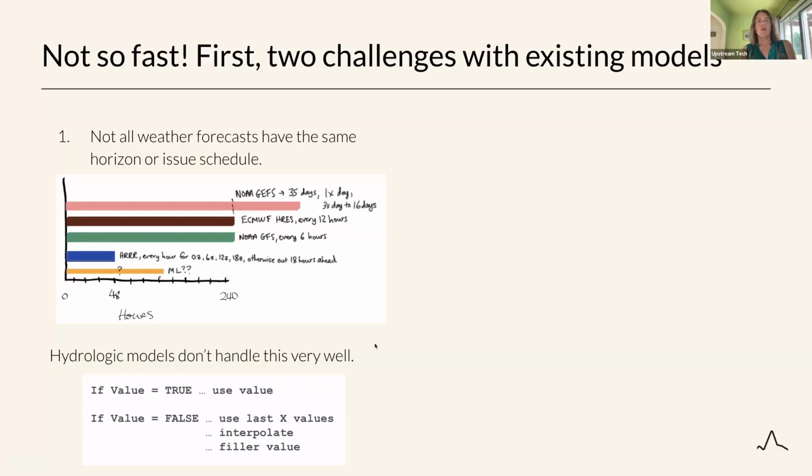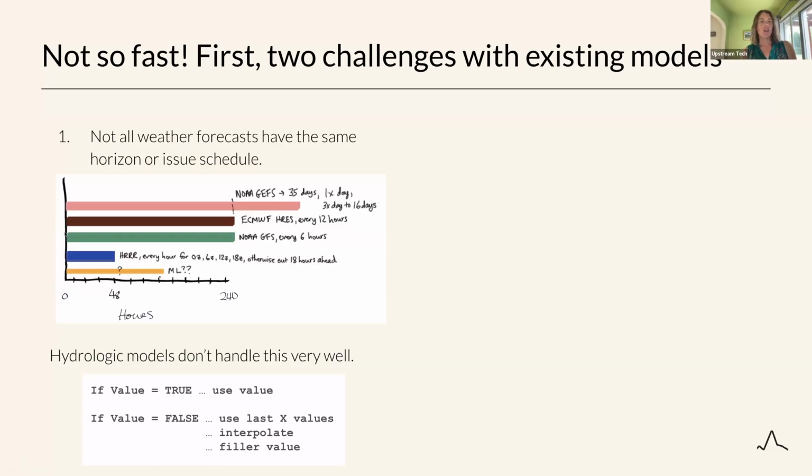But we know we need to fix this because what we do right now, and it works pretty well because we have values for every time step, is we and others in operational hydrology will interpolate, and use a filler value. We'll say, okay, let's just use yesterday's value or the hour before, or let's use the last 3 days and take an average. And that can work okay, but we know that value is not correct.